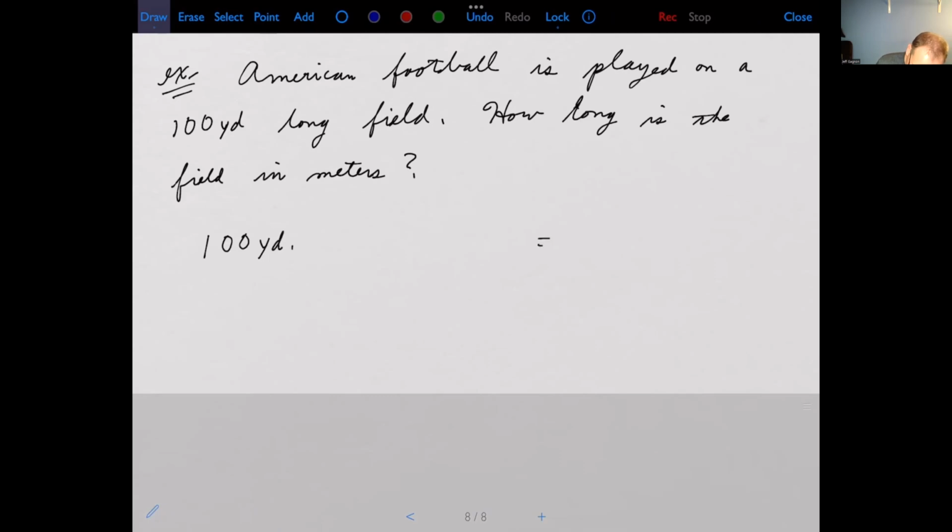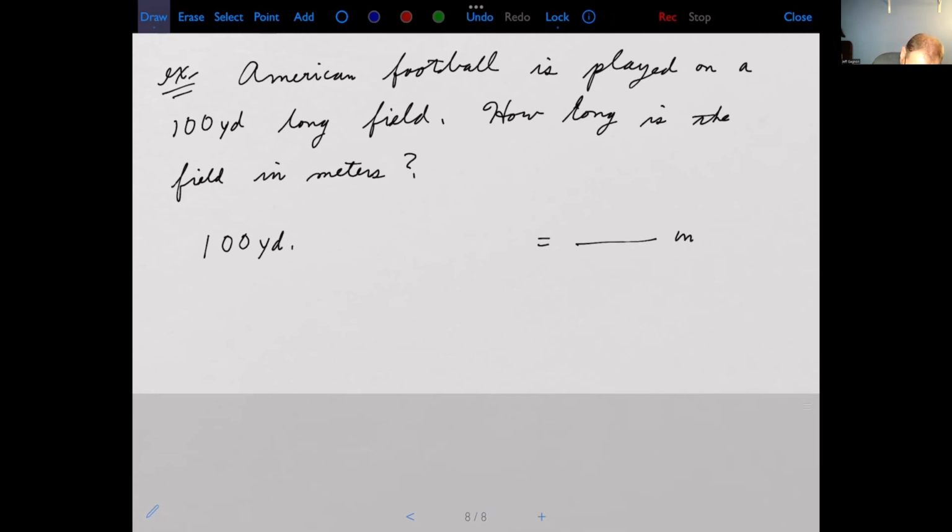I want to ultimately end up in meters. Okay, so how do I do this? Well, basically, there's several ways we could do this, right?